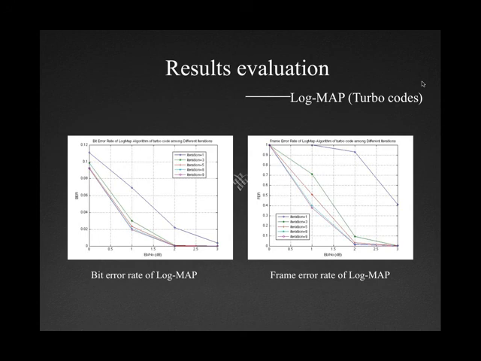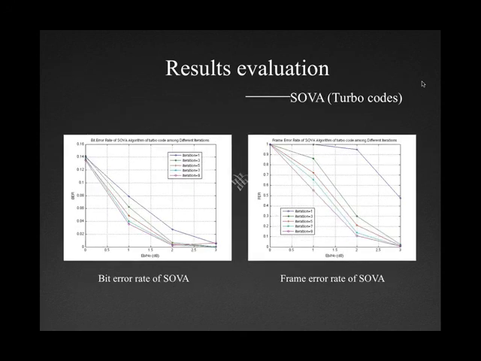I call this number the threshold. And in the second figure, we can also find such a situation, so I can confirm that the threshold of the log-map algorithm is 8. Look at these two figures.